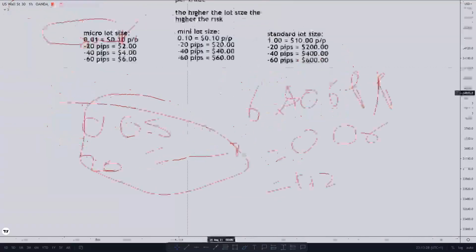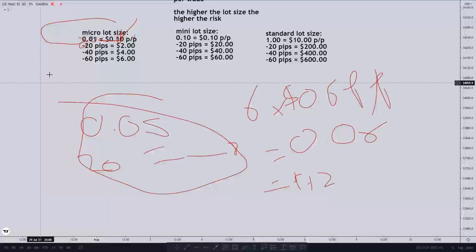So that's how you can use a mini micro lot size, and that's how the pip value differs. If you're going to be using a 0.3 and you want to know the pip value, you can just times 10 cents times 3, and then you're going to get your answer, which is the pip value of 0.3, right?